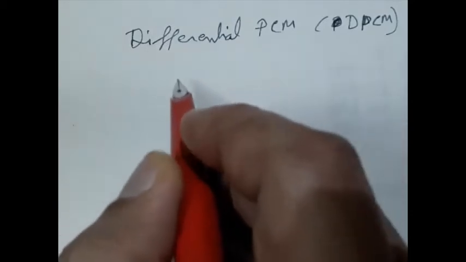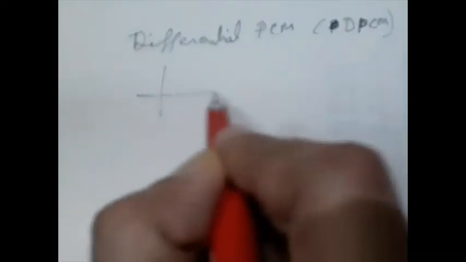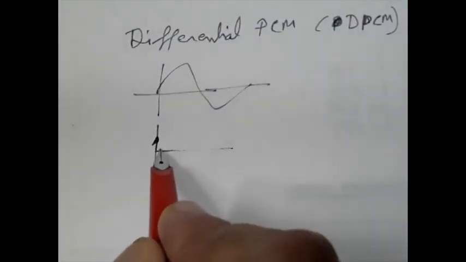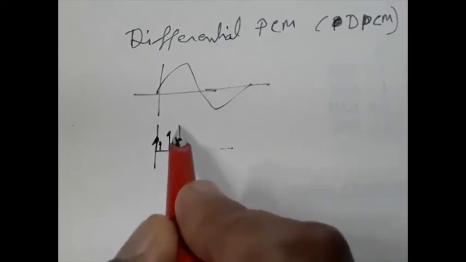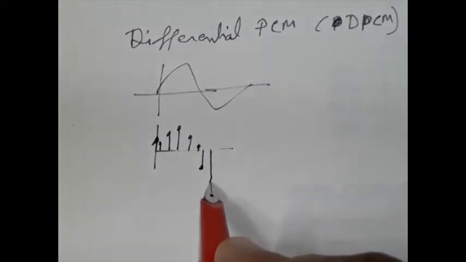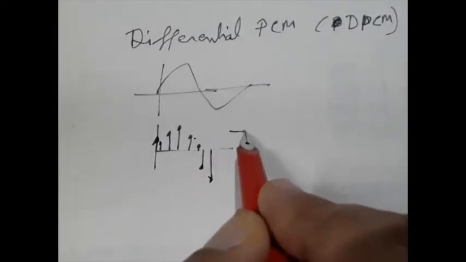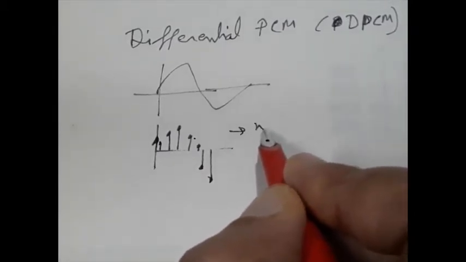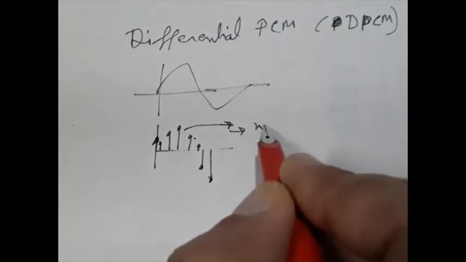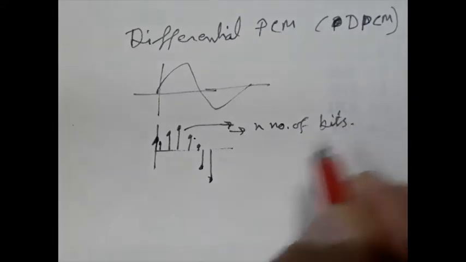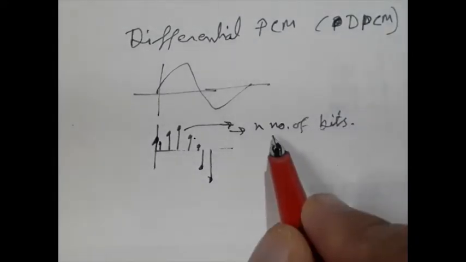In PCM, if we have a signal like this, we take the samples of that signal, and we quantize each sample, and we transmit it with the help of a PCM signal with n number of bits for each sample.